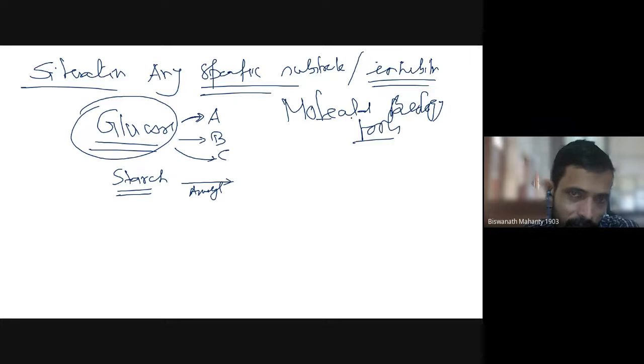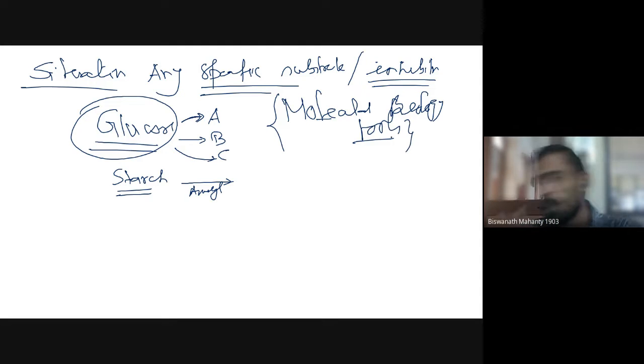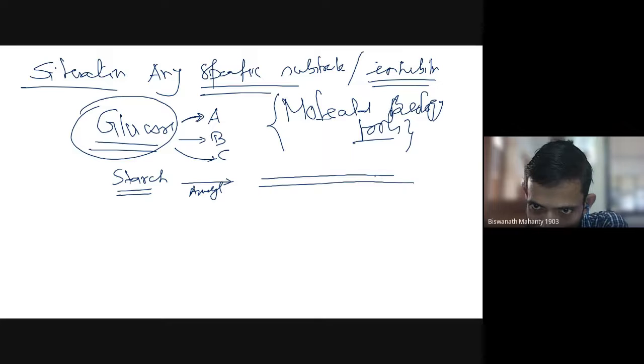How does it mean? Okay, first of all, let me talk about how the molecular biology tools are going to help you. Any property, any pathway, any metabolism, any protein that is produced, any RNA that is produced, nucleic acid production, everything is coded in your gene. I mean to say the microbial gene, right? So in the whole DNA, for example, this section of DNA is producing one of the enzymes.